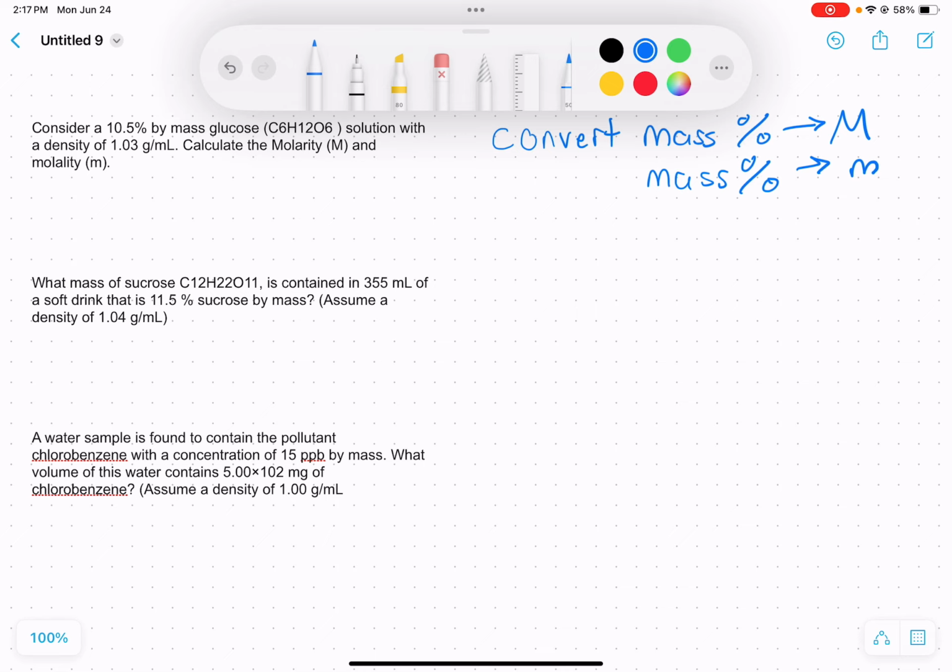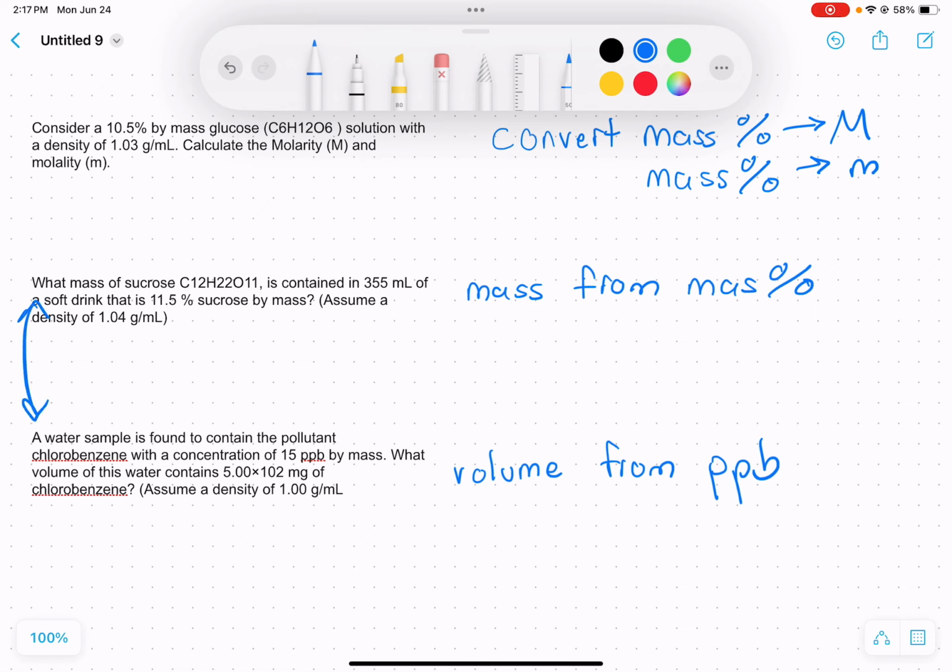This one is just calculating mass from a mass percent. And this one is calculating a volume that contains a certain amount from a parts per billion. Since these two are kind of similar, let's go ahead and just do this one and this one, so you can kind of see the two different types.